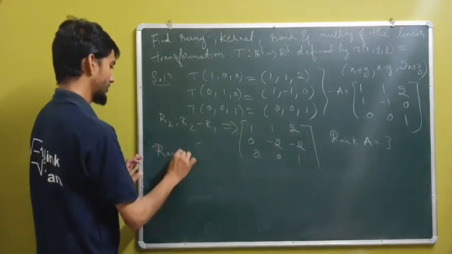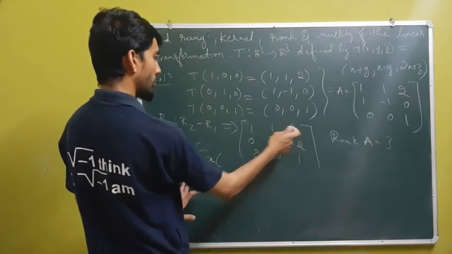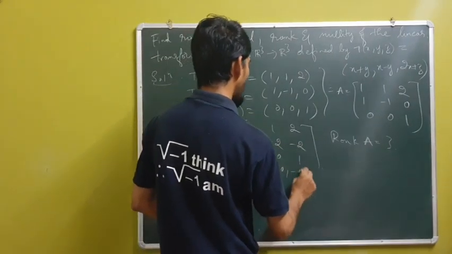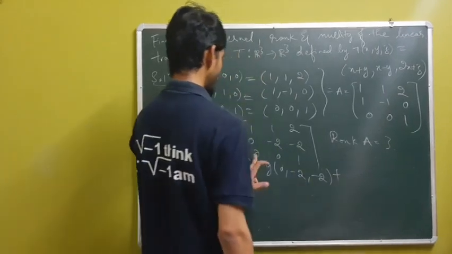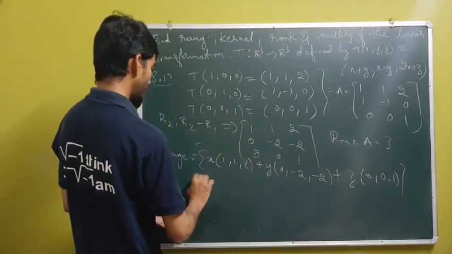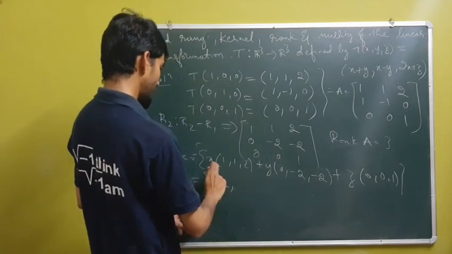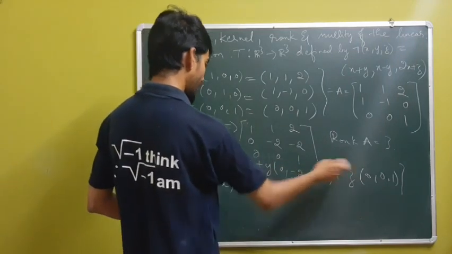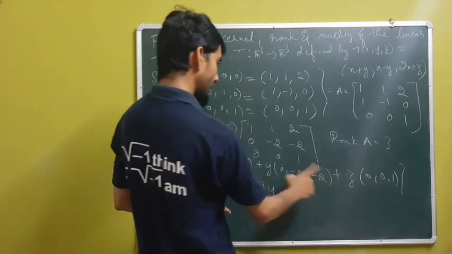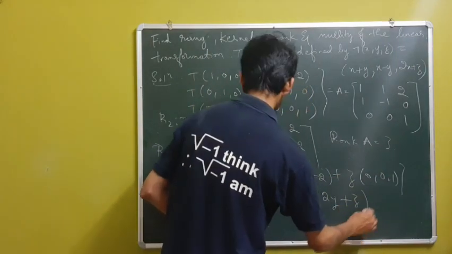Now range, we will consider this to be equal to the set of all x times (1, 1, 2) plus y times (0, -2, -2) plus z times (0, 0, 1), and this is nothing but the set of (x plus 0 plus 0, x minus 2y plus 0, 2x minus 2y plus z), which is (x, x minus 2y, 2x minus 2y plus z).